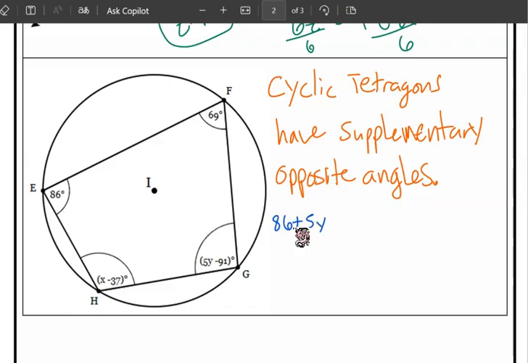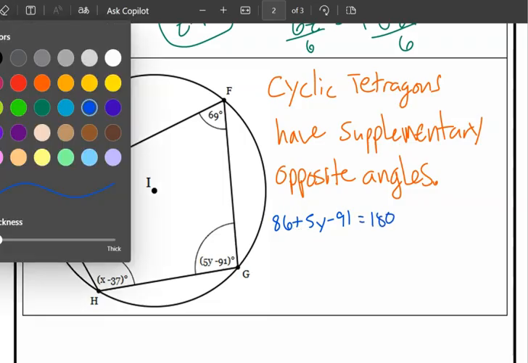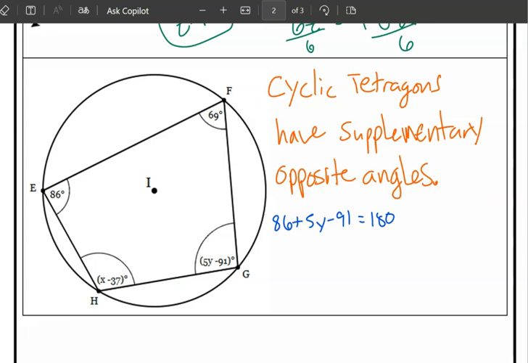86 plus 5y minus 91 equals 180, and 69 plus x minus 37 also equals 180. Let's solve for these variables. Combine the like terms. Add 5 to each side.